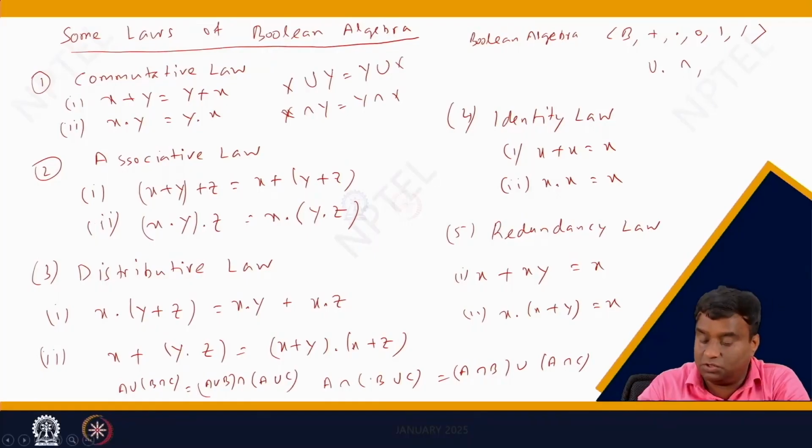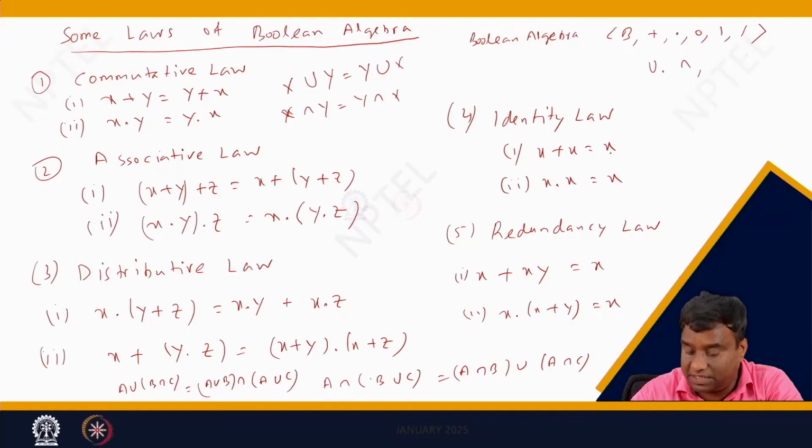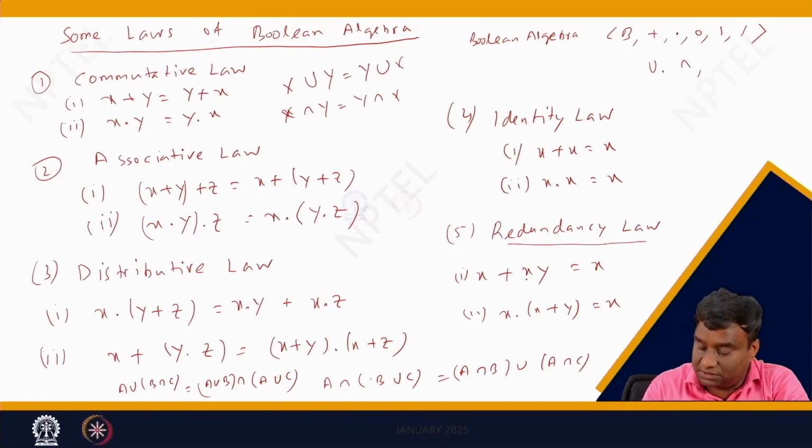So these are some laws of Boolean algebra. Now the identity law: x plus x equal to x, x dot x equal to x. Another rule is there: x plus x dot y is x, and x dot (x plus y) is x. So this is also one law.